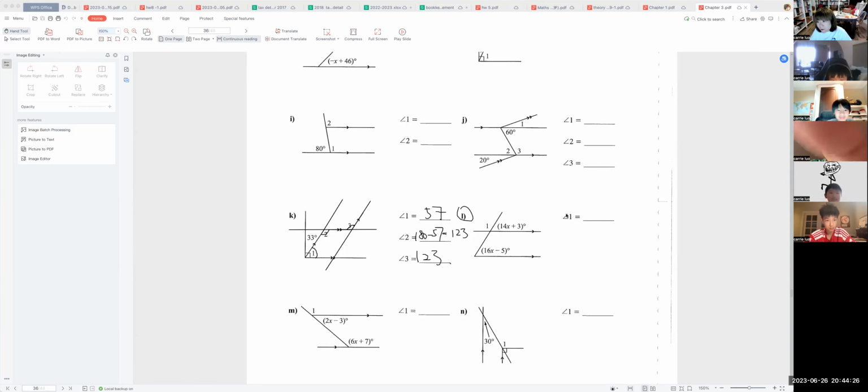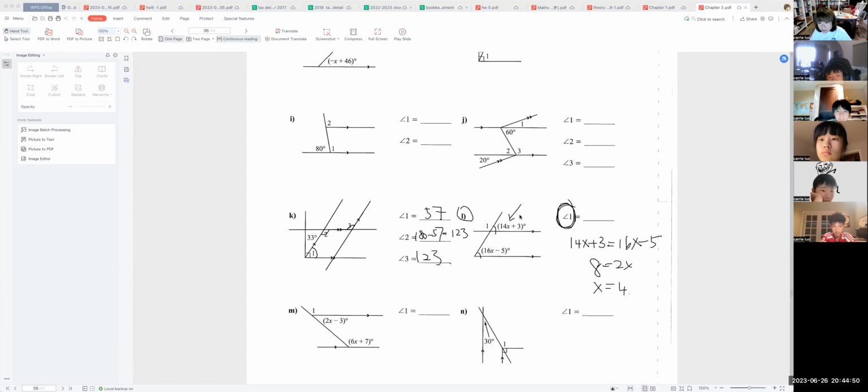What does this one equal, Kevin? 14x plus 3 equals 16x minus 5, right? Because these two are the same, 2x equals 8. So x equals 4.